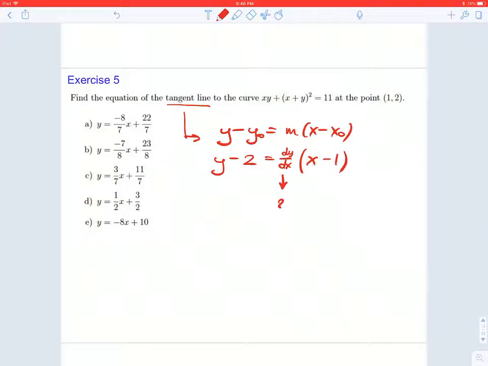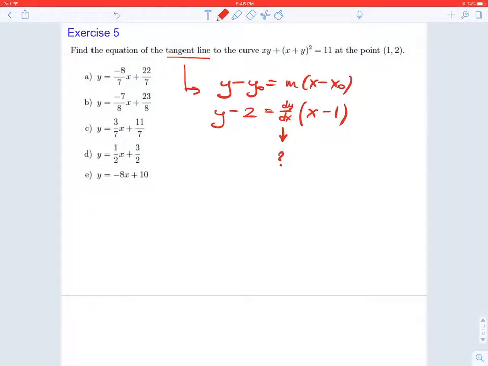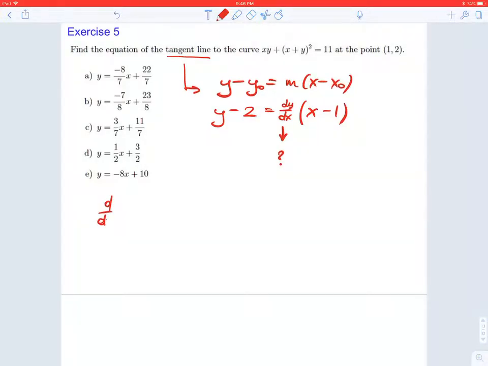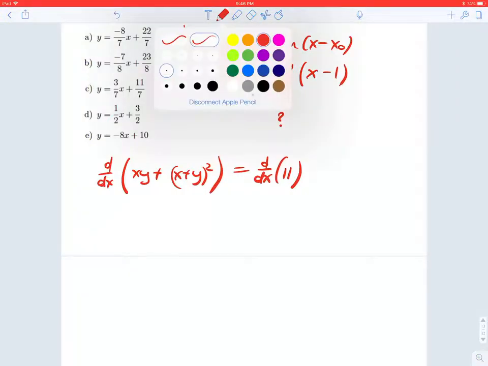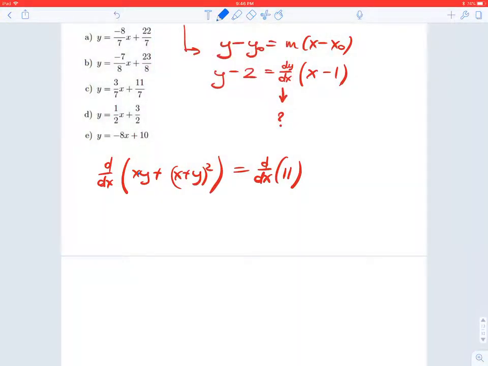This means the only thing I have to do is compute dy/dx at the point (1, 2). Let's differentiate both sides of this equation using implicit differentiation. Derivative with respect to x of xy plus (x plus y) squared, and of the right-hand side. Again, I see a product, remember to apply the rule.